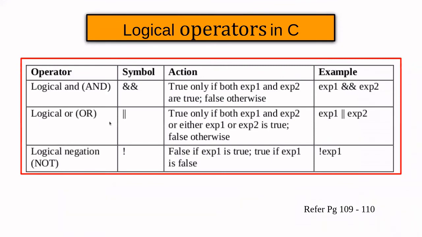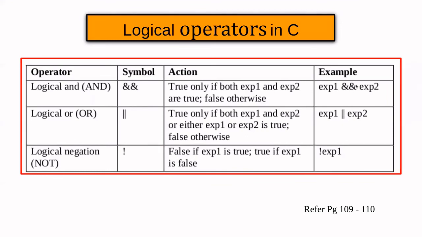Logical operators in C. Just a reminder, I will explain it with the program later. Logical AND is when both expressions should be true. Logical OR is represented by these two vertical lines.